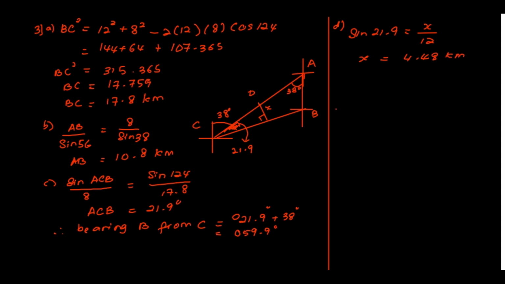Okay, and then you need to find the answer for E. E is where you're supposed to calculate the time taken to the nearest minute to reach point E, which is equidistant from A and B. So let's say there's a point here, E, equidistant from A and B. At the end you will get a triangle here.